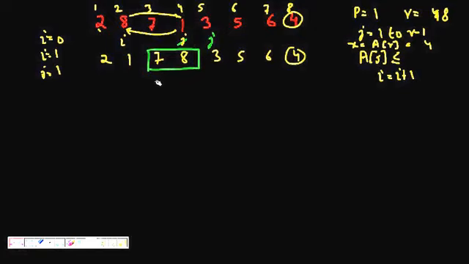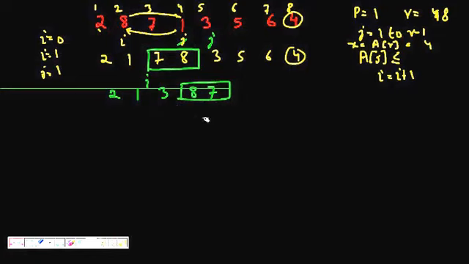So we make I equal to I plus 1, I comes here, and what happens? So 2, 1, 3, 8, 7, and we have the window like this. So we have the window here, 8, 7 comes here, and 5, 6, 4.